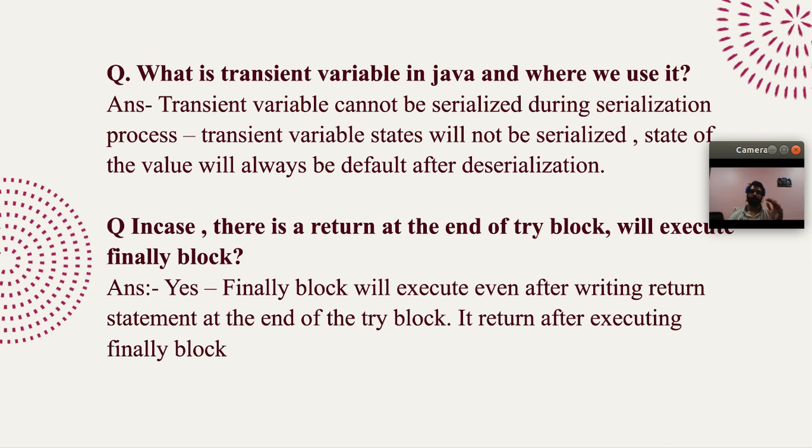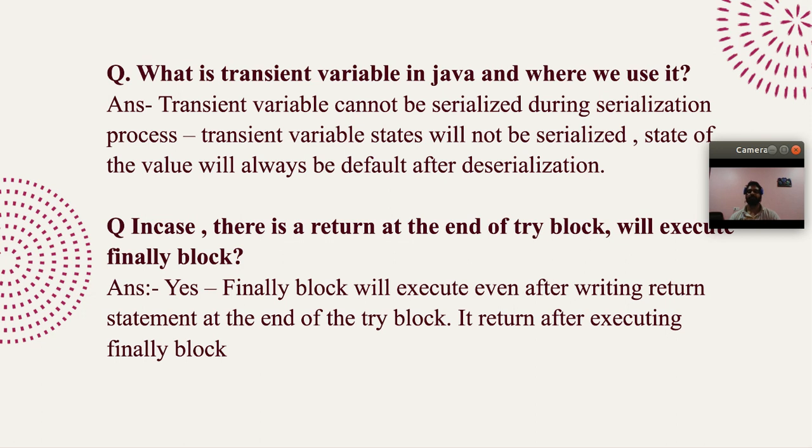So serialization is a process by which you save the state of an object, and it is used to transfer that particular object to the network, and also to other servers, right? So this is about serialization.